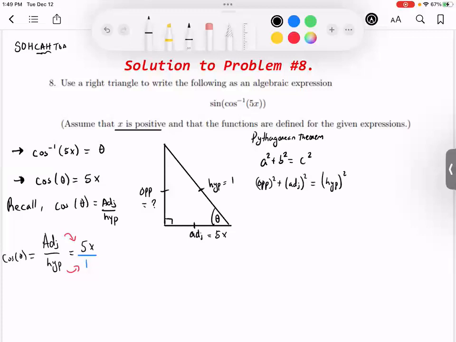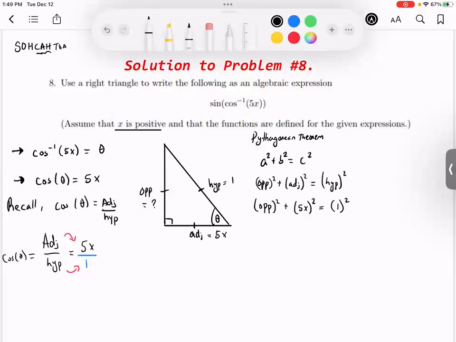The opposite is what we don't know; that's what we're trying to find in this problem. The adjacent I know is 5x, so I have 5x raised to the second power, and then 1 squared.